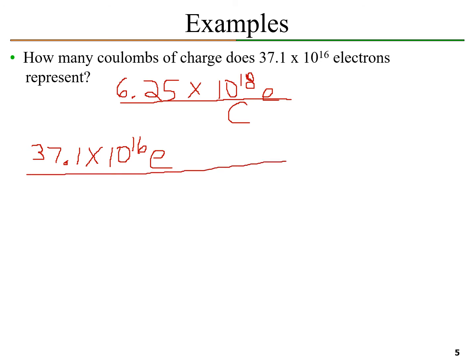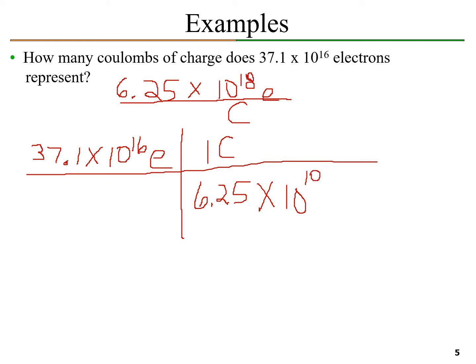Let's go ahead and write our solution like this. The equivalent form is there is 1 coulomb per 6.25 times 10 to the power 18 electrons. We see that electrons cancel out. The units we're left with is coulombs.